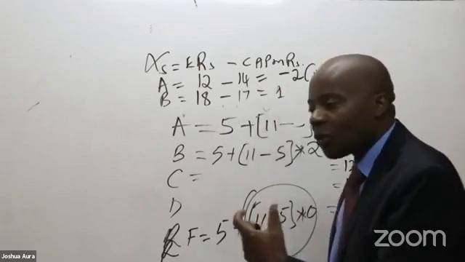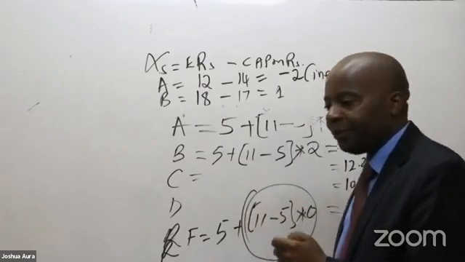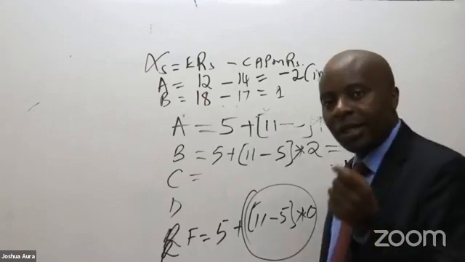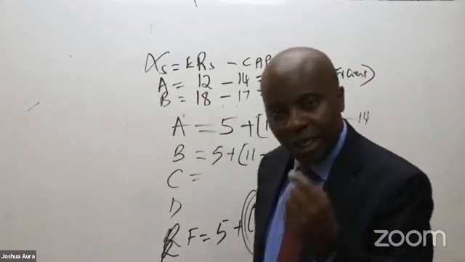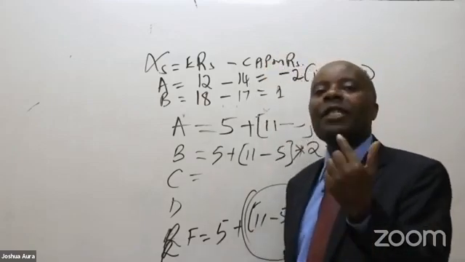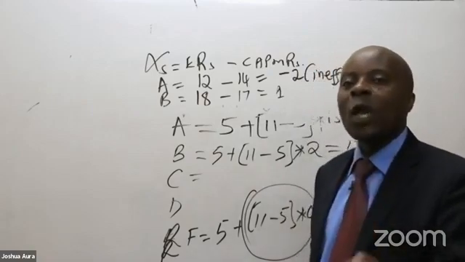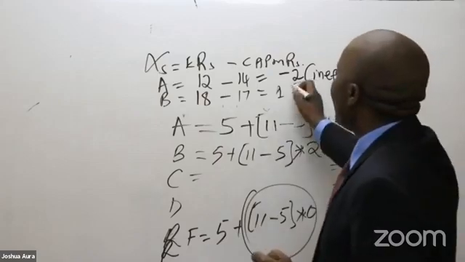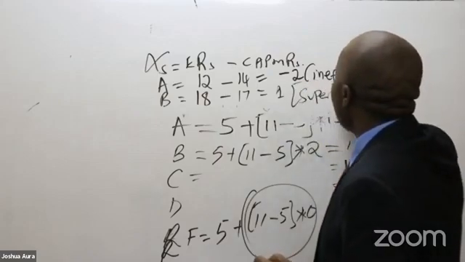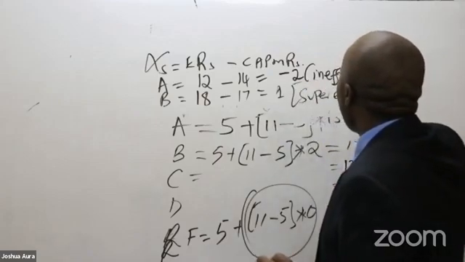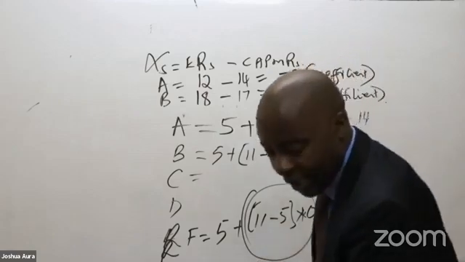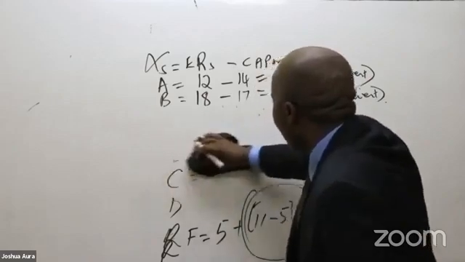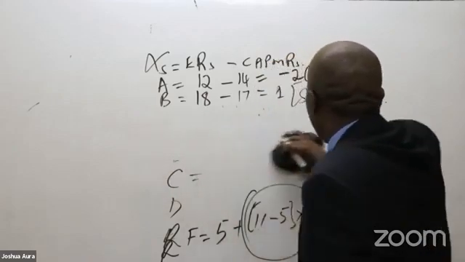It doesn't matter how small that figure is. So long as it's a positive figure, it means that security is a profitable security. And if it's a profitable security, we shall talk of super efficiency. So it means that B is super efficient.